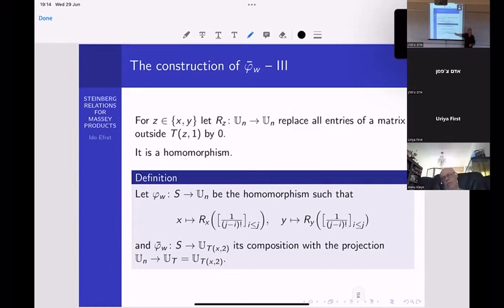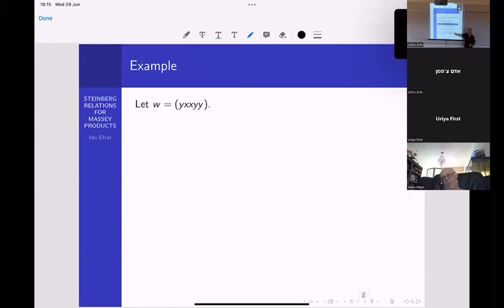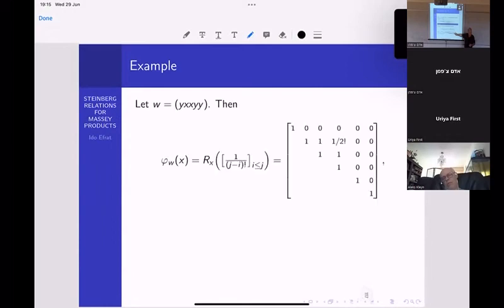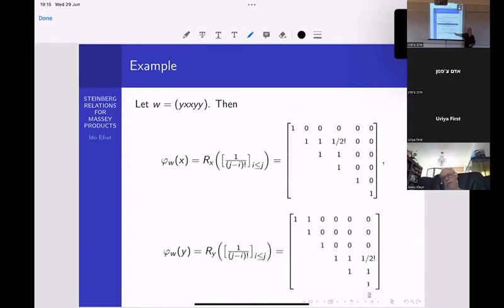So this is one example. The same word that we had before, Y, X, X, Y, Y. What do we do? First X: phi_W of X, this is one over two factorial because we are on the second diagonal above the main one, but we replaced many such fractions by zeros, everything outside T^X_1. And Y goes to this, so we replaced other entries by zeros.